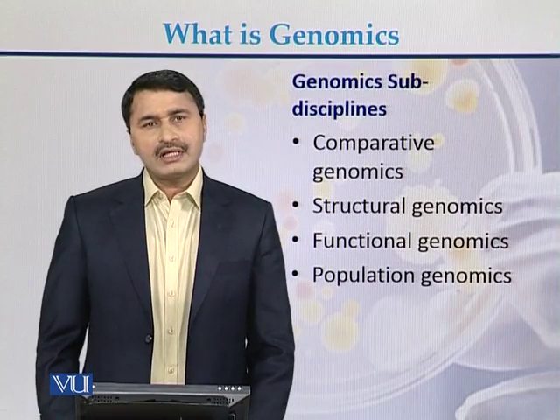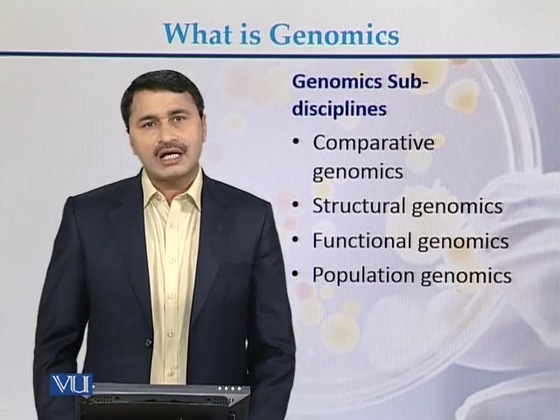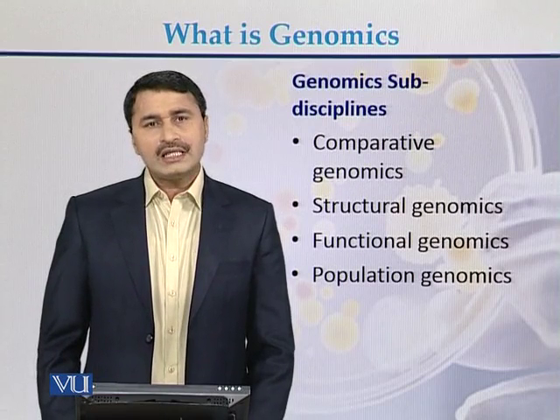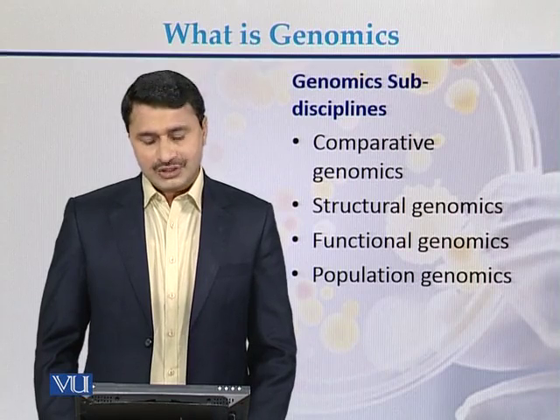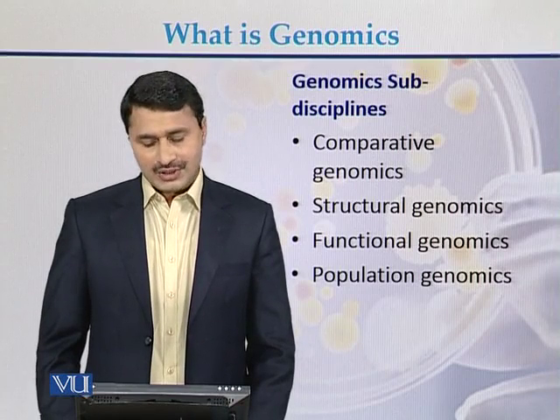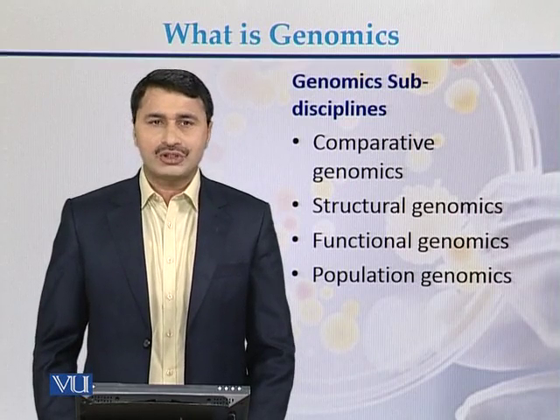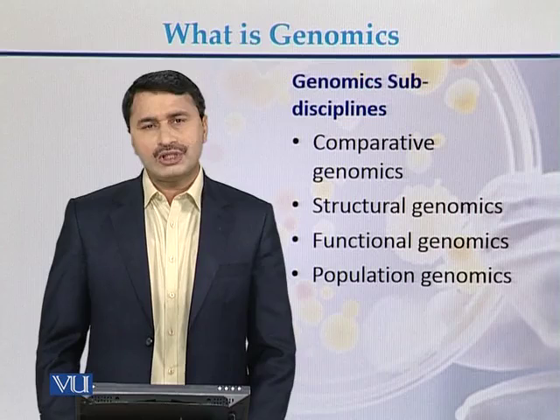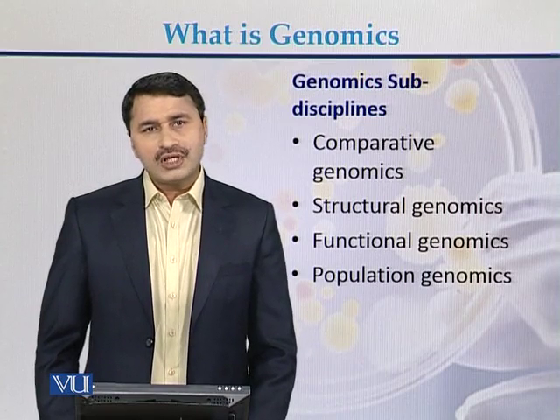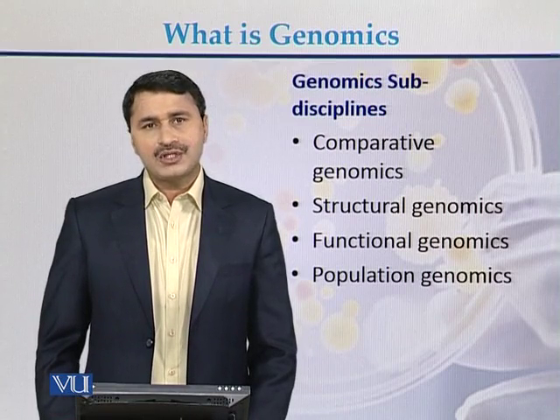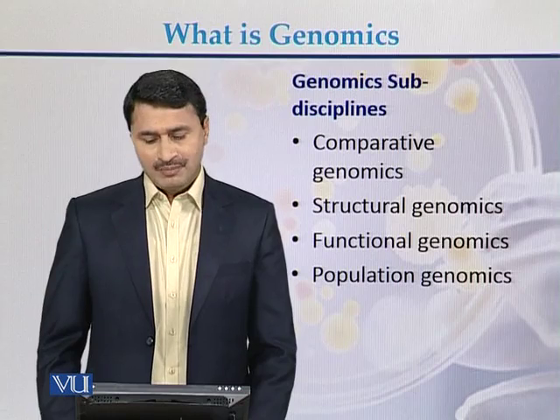There are different sub-disciplines of genomics. The most common ones are comparative genomics, structural genomics, functional genomics, and population genomics. In addition, metagenomics and microbial genomics are also considered sub-disciplines of genomics.